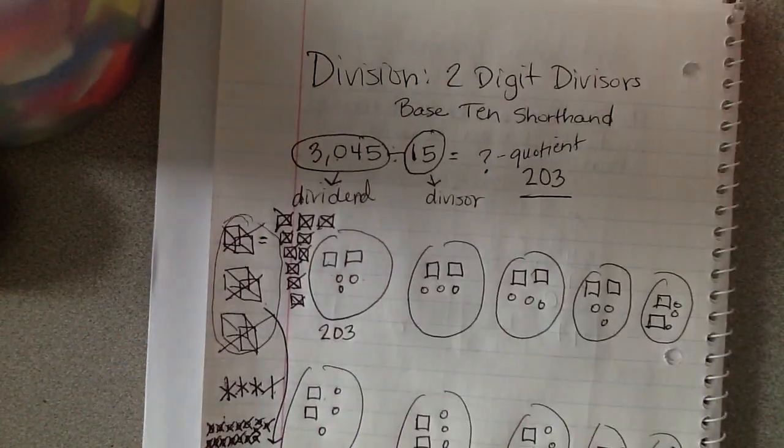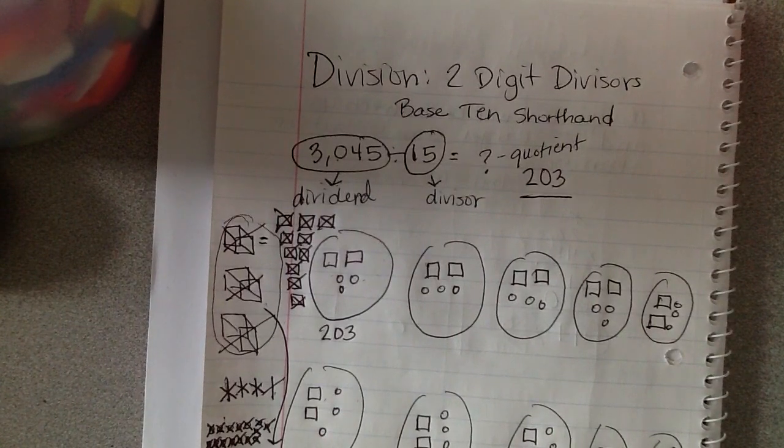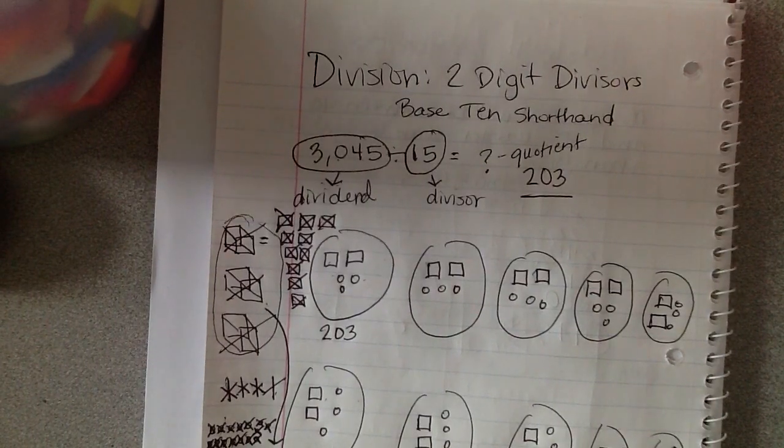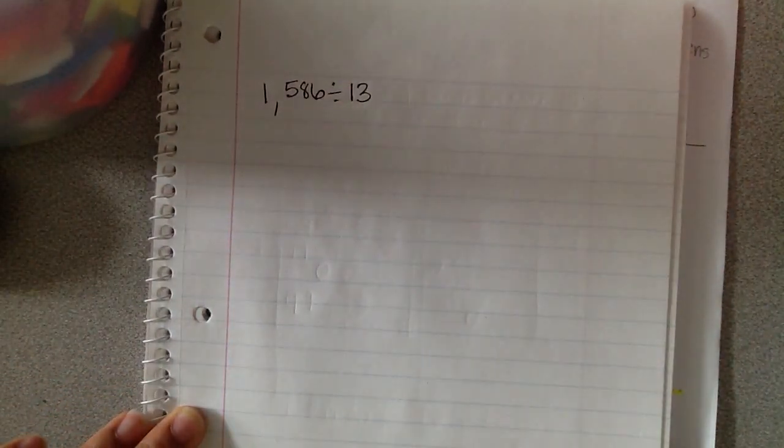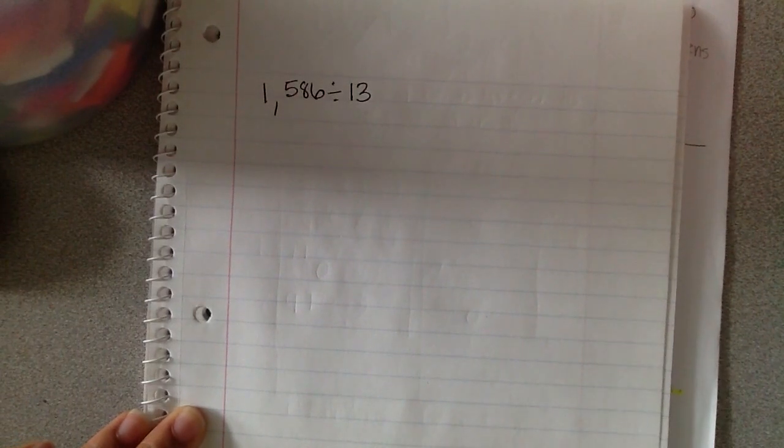Rewatch the video one more time just to get an idea of how to do this kind of a problem without having to write down notes. So you're just going to rewatch it just listening to it and watching what I'm doing. And then I want you to try 1,586 divided by 13 and show me how you worked it out using the base 10 shorthand method in your notebook.